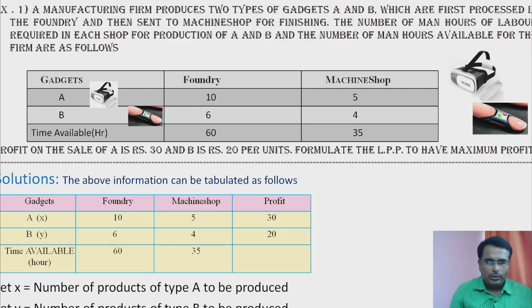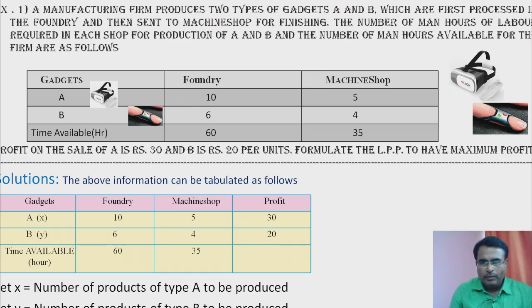Those are also written here. You will observe x denotes number of gadgets of type A and y denotes number of gadgets of type B to be manufactured.